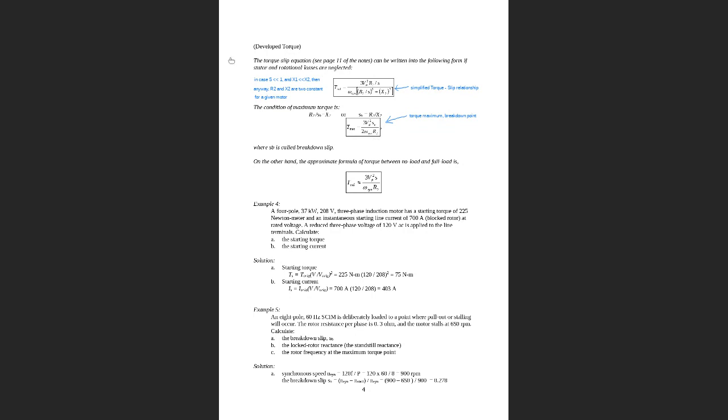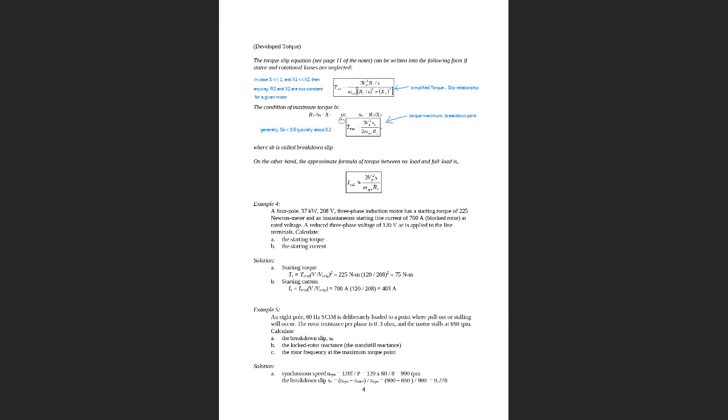For commercial motors the breakdown slip is usually smaller than 0.5, typically about 0.2, because R2 is always smaller than X2.